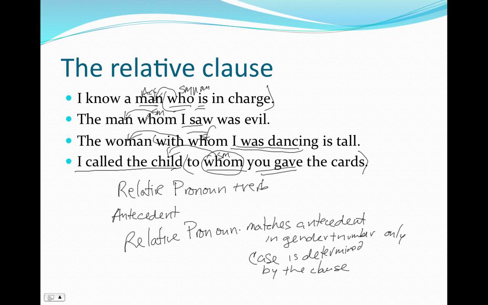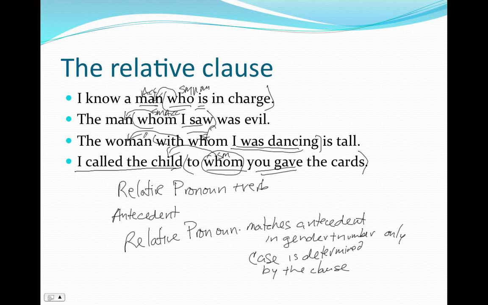Another example, the man whom I saw was evil. So, whom I saw, here, it's accusative, right? Because I saw whom. So, the direct object, accusative. So this relative pronoun is going to be singular, masculine, and accusative. The woman with whom I was dancing is tall.